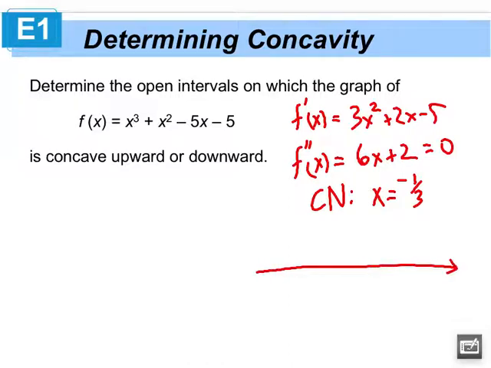Second derivative number line. Label your number lines, and graph your points in the correct numerical order. There's only one point.